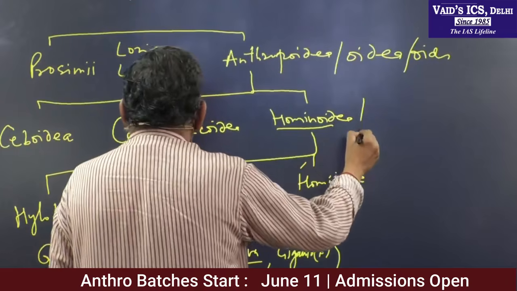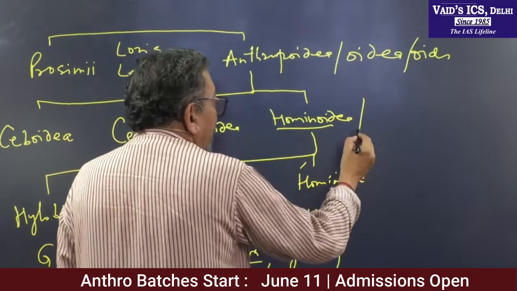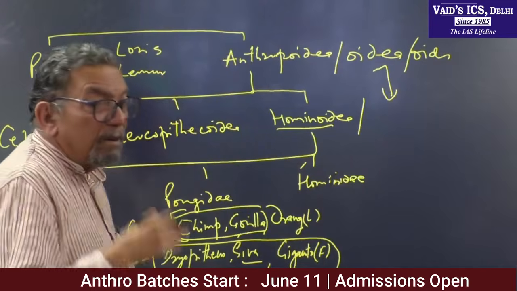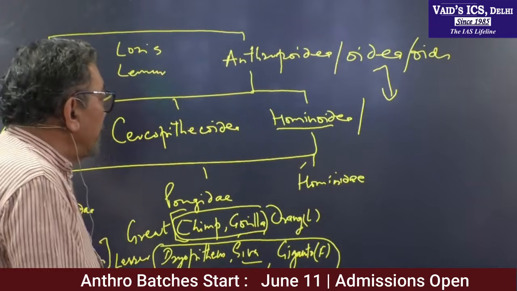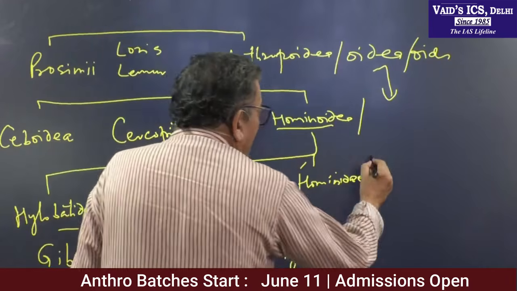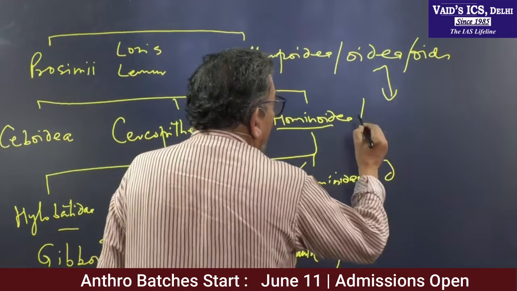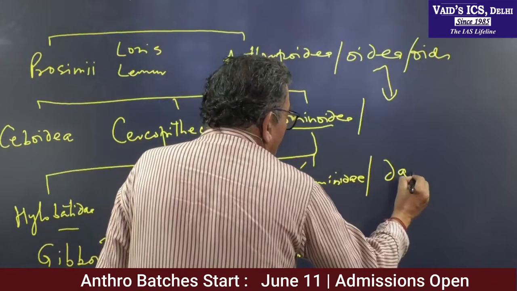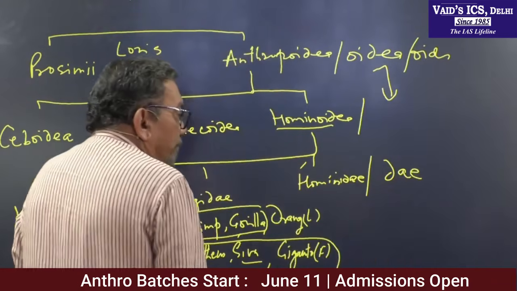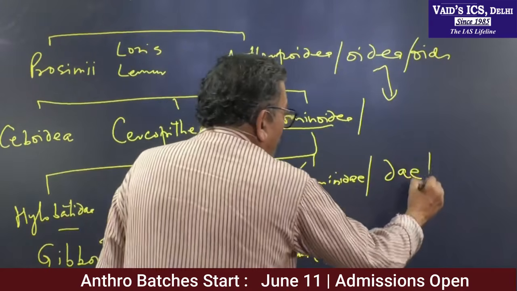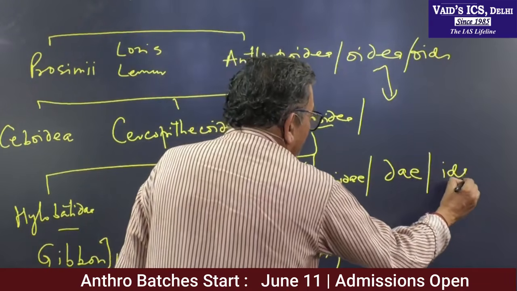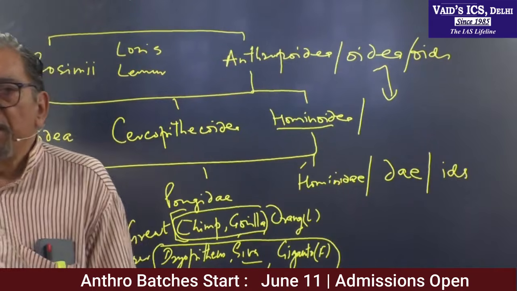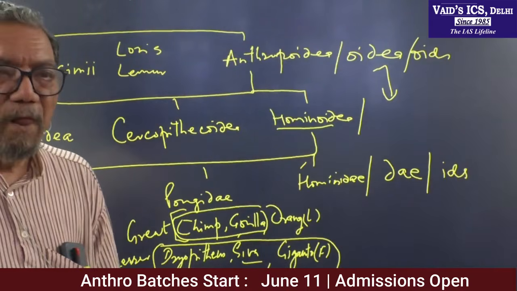Particularly for this: Ceboids, Cercopithecoids, hominoids. Here the family ends with D. This ends with idea, this ends with D. And they are called ids. Hylobatids, pongids, hominids.